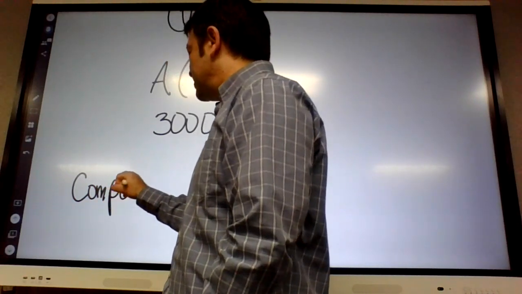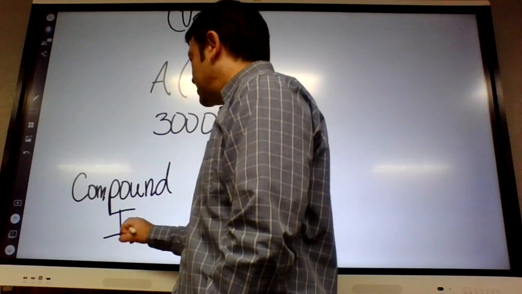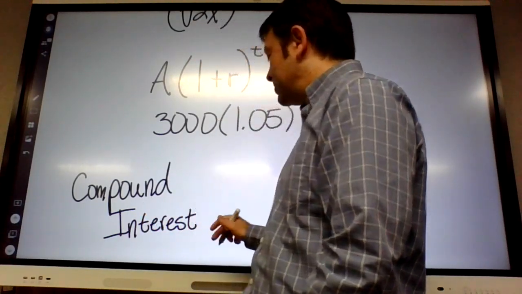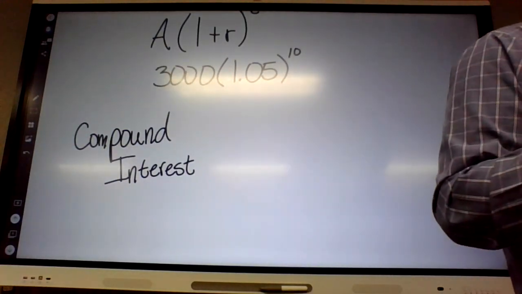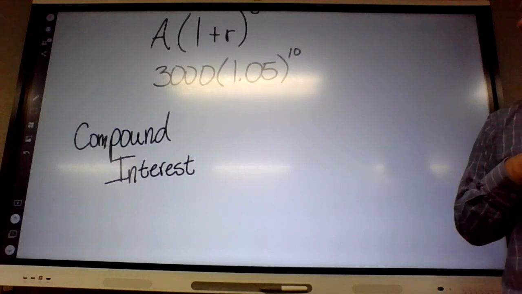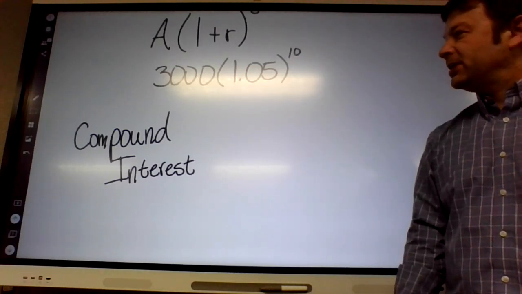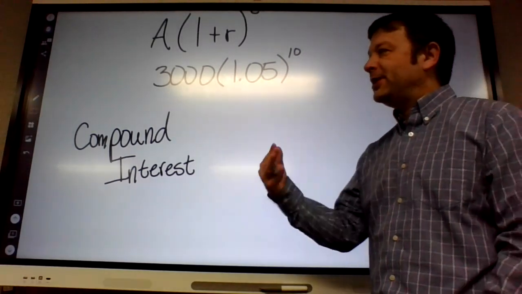Compound interest is more common. And we did talk about this last year. I'm sure you kind of forgot it though. Compound interest is like, I think my bank pays me 12 times per year, once per month. So that doesn't mean they give me the 1% 12 times.